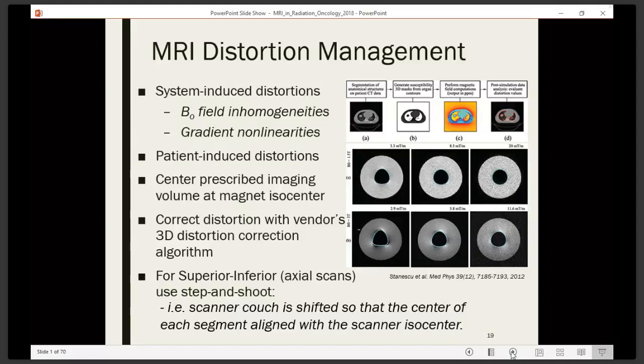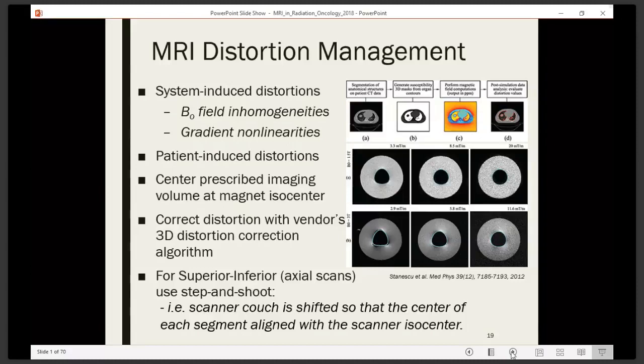If you want to go out a little bit further, say 10, 20 centimeters away from isocenter, most of the vendors provide some kind of three-dimensional distortion correction algorithm because, again, these distortions are known. It's known what they are, and they can calculate based on the geometric properties of the magnet coils and the gradient coils.